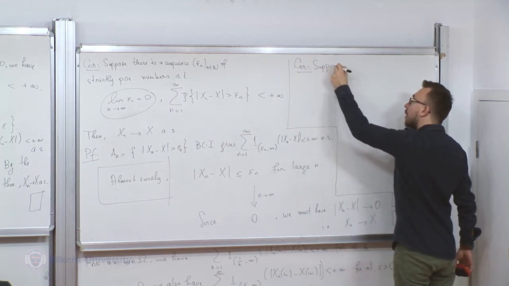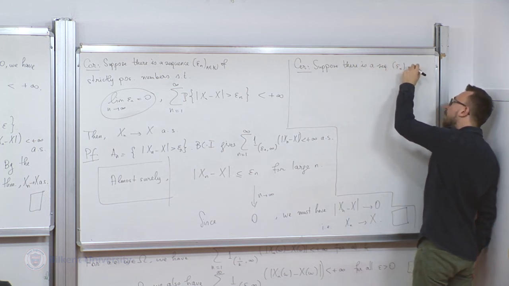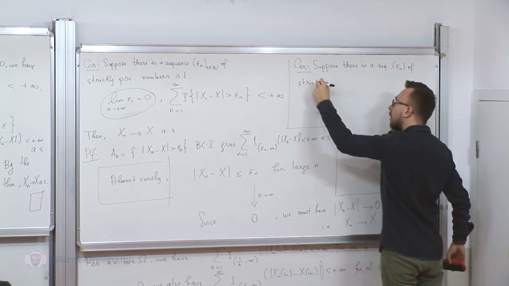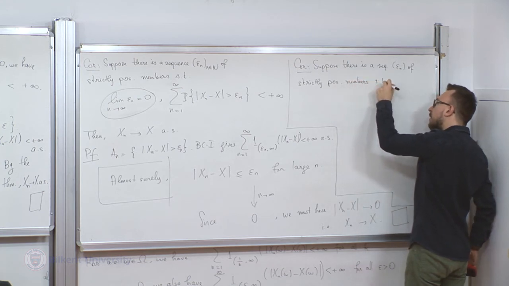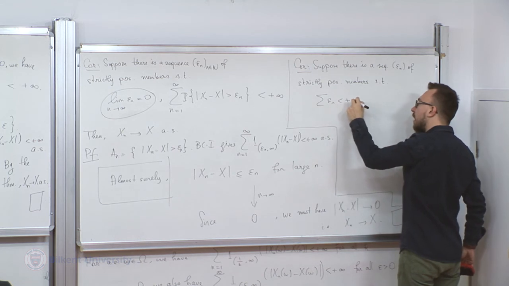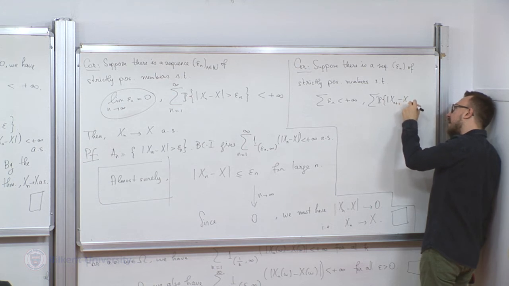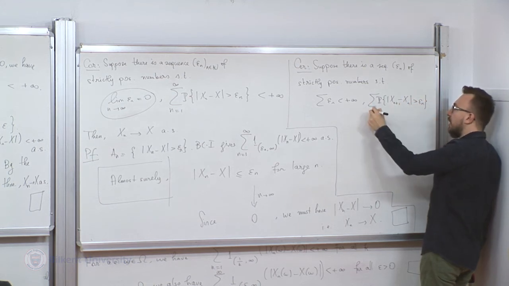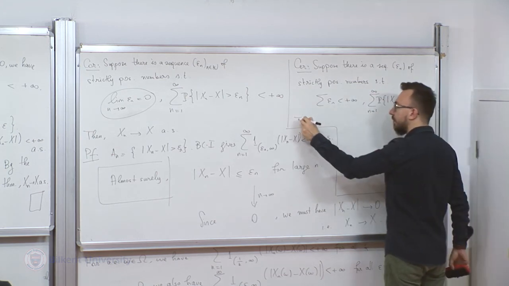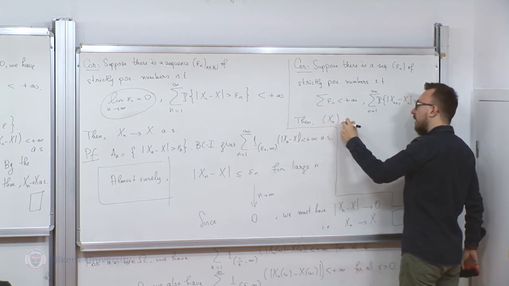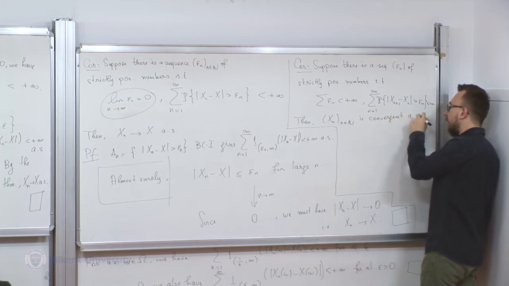Suppose there is a sequence epsilon_n of strictly positive numbers such that the sum is finite, and the probability that |X_{n+1} minus X_n| is large, the sum of those probabilities, is finite. Then X_n is convergent almost surely.